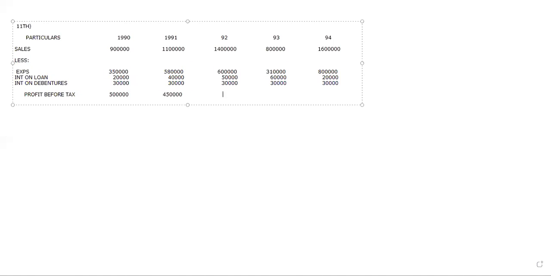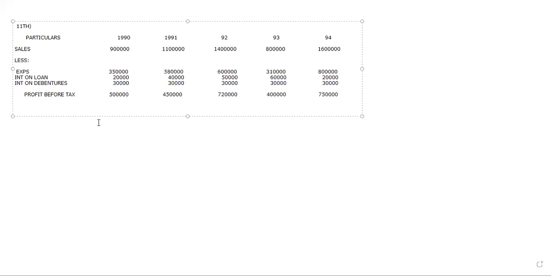Next 7,20,000. Next 4 lakhs. Next 7,50,000. We got it.